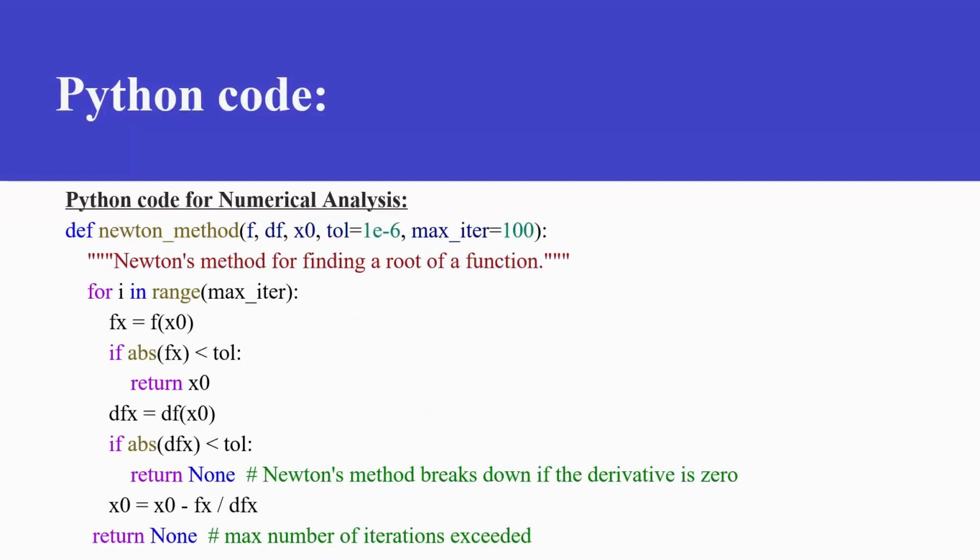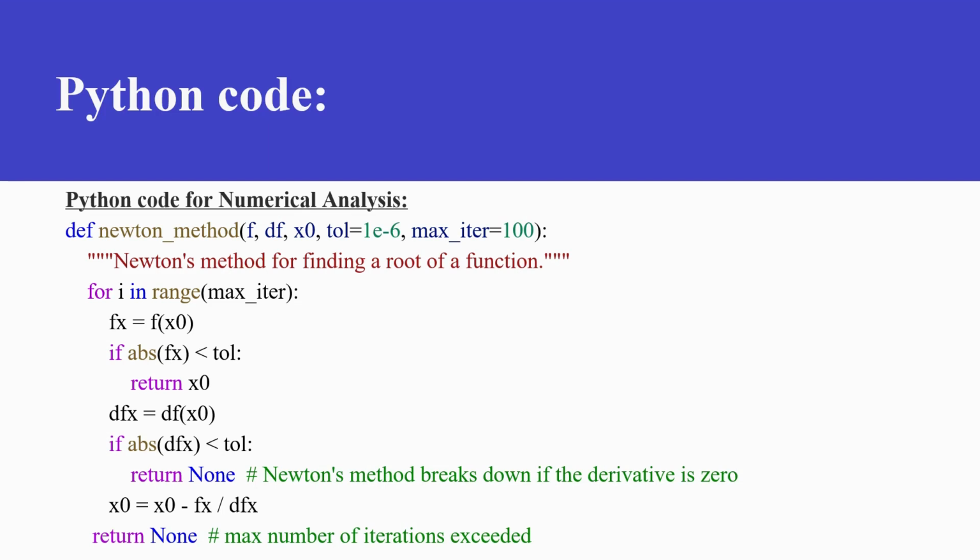Python code for numerical analysis. First of all, we define the Newton's method function. In this function, I will explain very easily. After finding the first point x1 using f(x0) and f'(x0), I already showed that formula in the mathematical interpretation of numerical analysis.